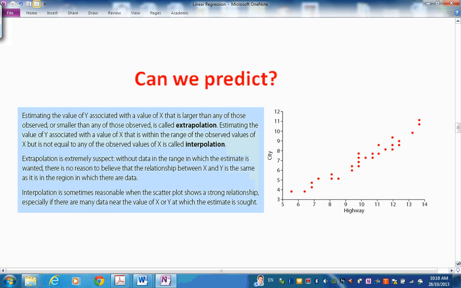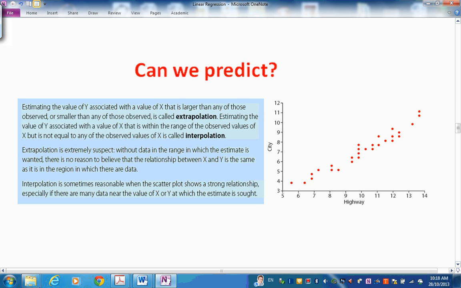Let's have a look. Come back to our question. We're going to finally try to answer this. Can we predict? Okay, so let's put some provisos in. Number one, if R is sufficiently close to 1, and this is a matter of opinion, then what will we do?